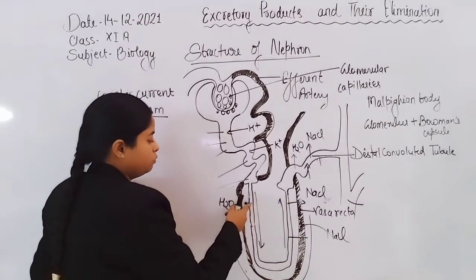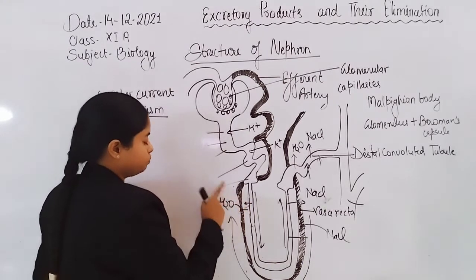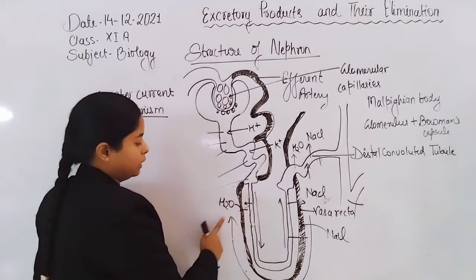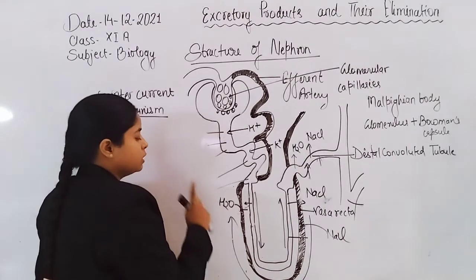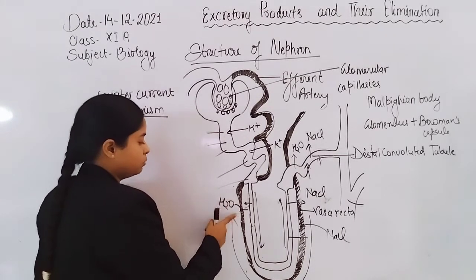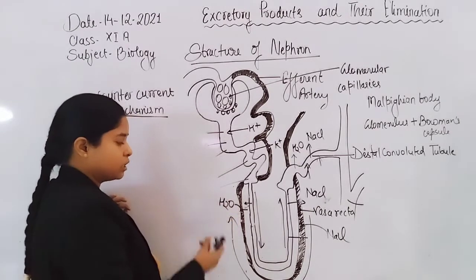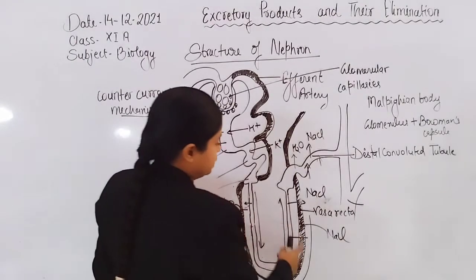Water molecules are reabsorbed by the descending part of the loop of Henle into the interstitium, and from the interstitium this water is again transferred into the blood capillary, the vasa recta.